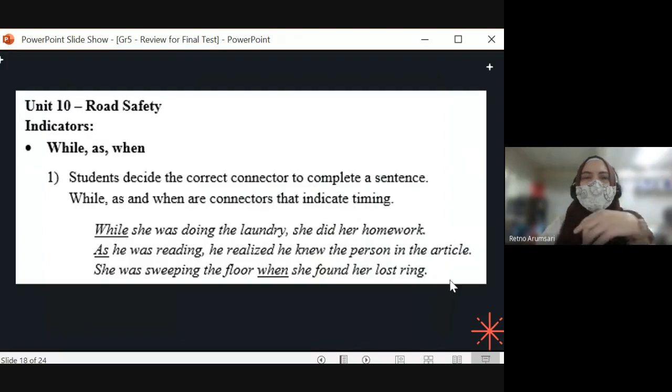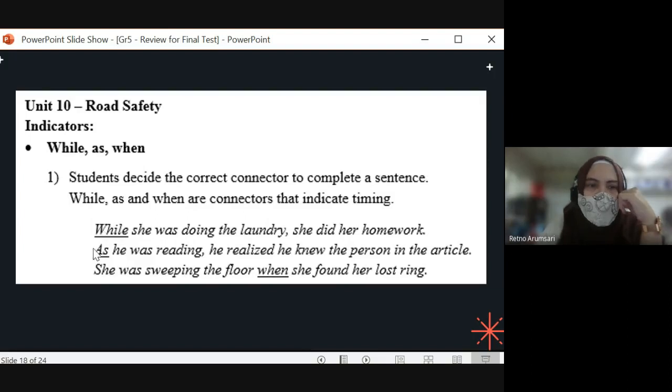Now, next, Unit 10, while, as, when. In grade 5, it will always be like this, yeah? While or as is always at the beginning of the sentence, before the longer action, before the past continuous. Yeah, 5D. Remember that.